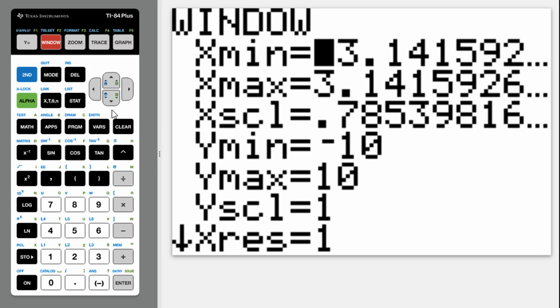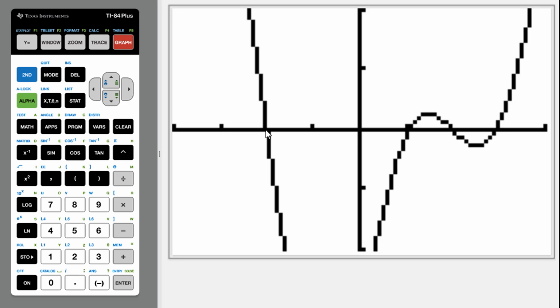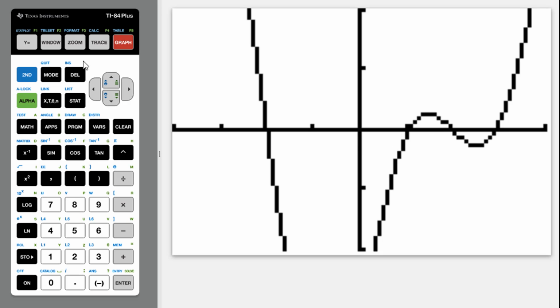For y, we will change into negative 2 to 2. Then y scale is 1. Then check this again. Now you could say we have 4 zeros.